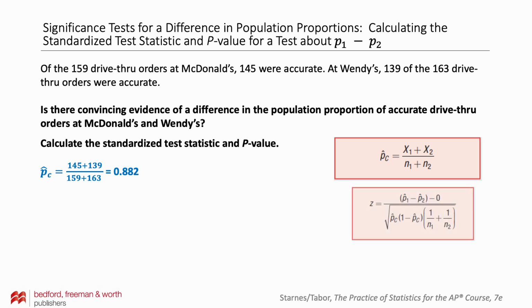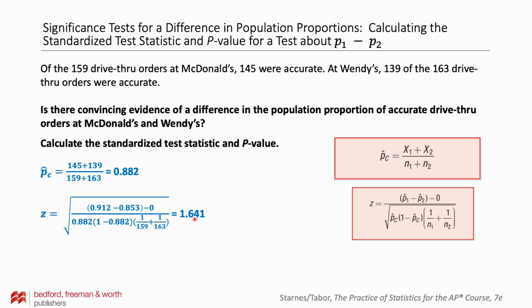Now using that, we can get our test statistic, which remember is our statistic minus our parameter over our standard error. Again, noticing we're using the combined proportion there. So our z is 1.641.